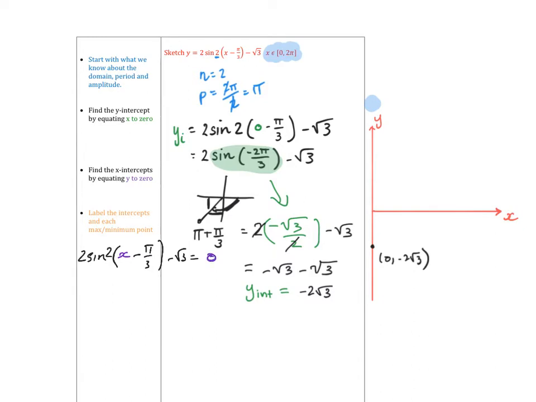So I'm trying to find that x-intercept by letting y equal 0, which allows us to rearrange this to sine of 2 times my x-intercept minus pi on 3 is equal to root 3 on 2.